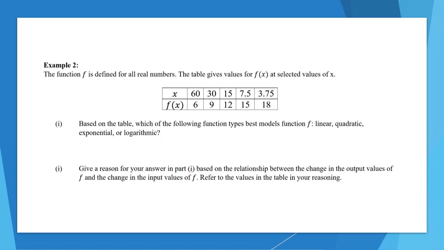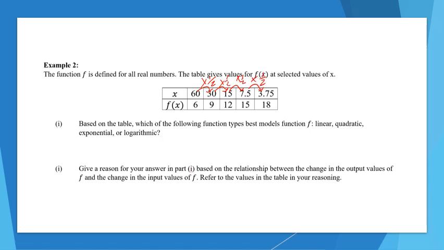Here we see our outputs are changing proportionately again. So here from 60 to 30 you're dividing by 2, but we don't like to say dividing, so instead we're going to replace that with times 1/2. 30 to 15 is also times 1/2. 15 to 7.5 is times 1/2.